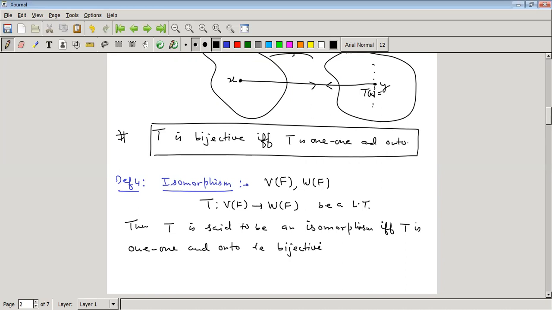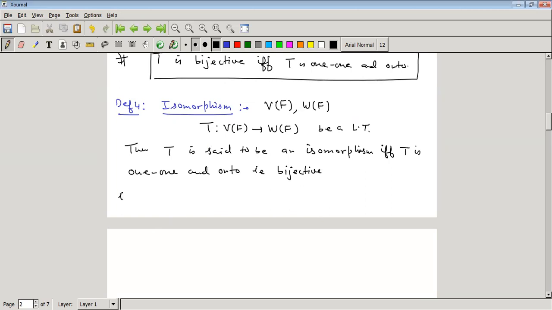So if T is a linear transformation, then T is said to be an isomorphism if and only if T is one-one and onto. That is, if T is bijective, then T is an isomorphism.